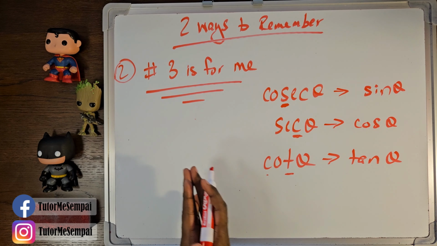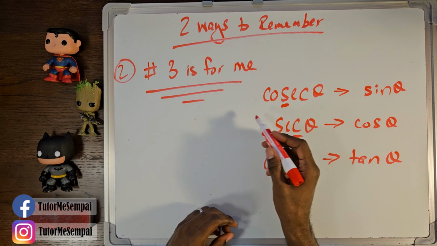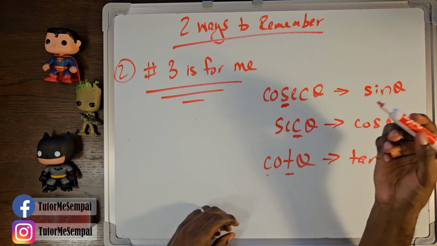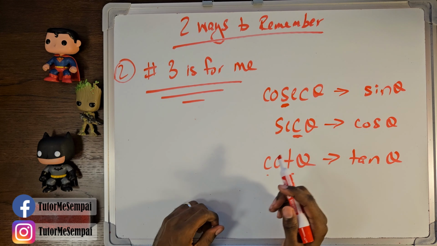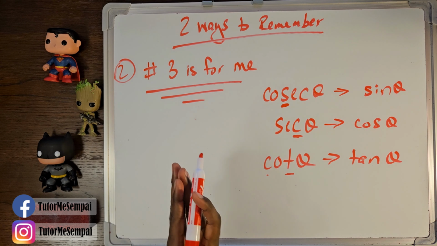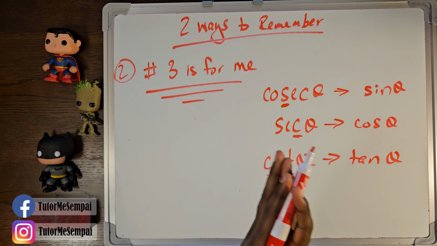Number 3 is for me is a nice way of remembering, but it does require you to use this other form of cosecant. So if this is not in your book, this may be a little bit harder for you to remember because there's two things you got to remember now. But if this is something you're used to using, this may be a way for you to remember how to pair up your basic trigs and your reciprocals.